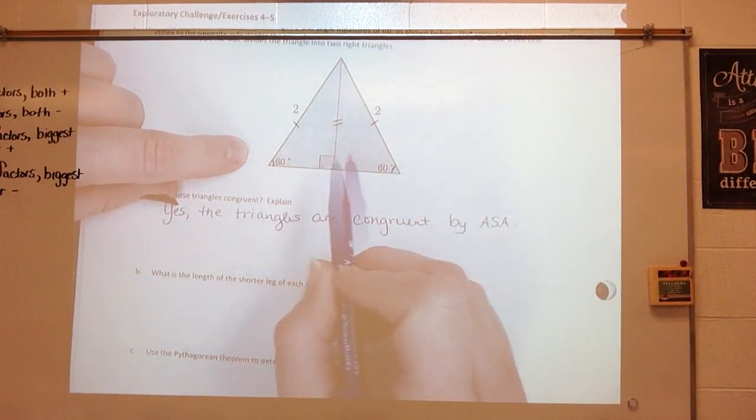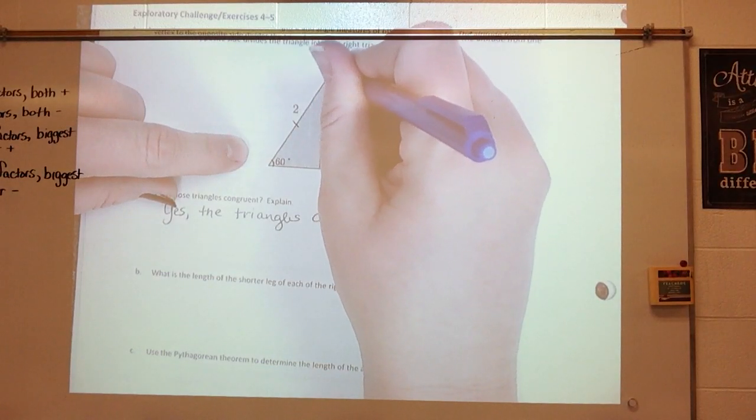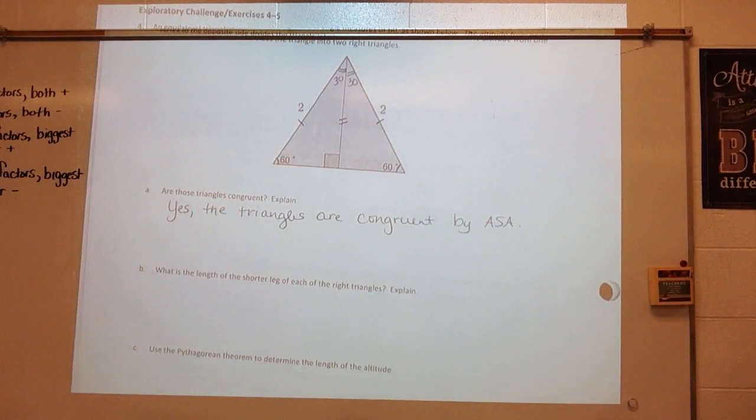So 90 and 60, so that means this has to be 30. So now I have my angle side angle. Alright? What is the length of the shorter leg of each of the right triangles, and explain?